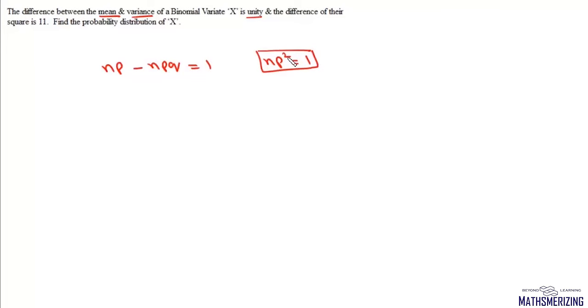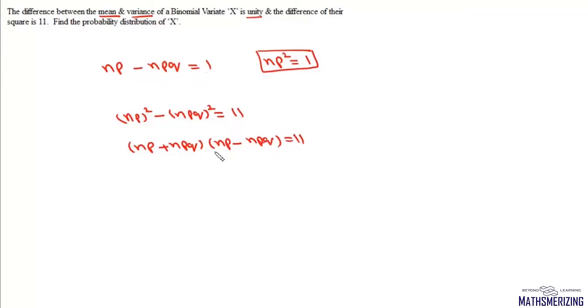Now it also says the difference of their squares is 11. So (np) squared minus (npq) squared is 11, and we can write this as (np plus npq)(np minus npq) equals 11.